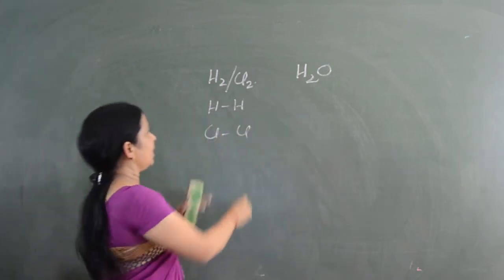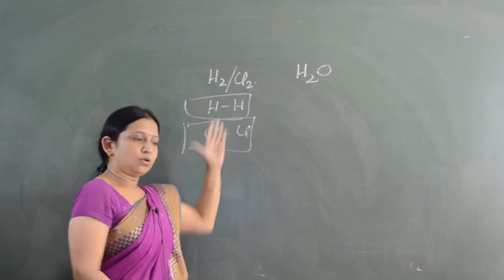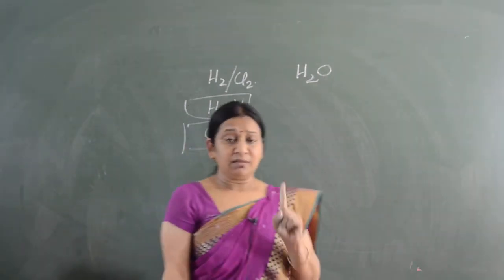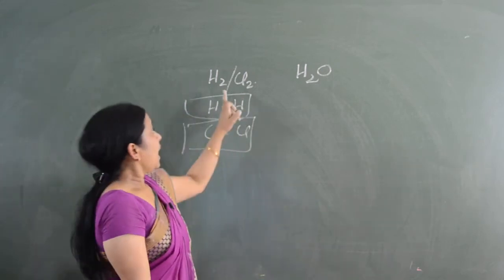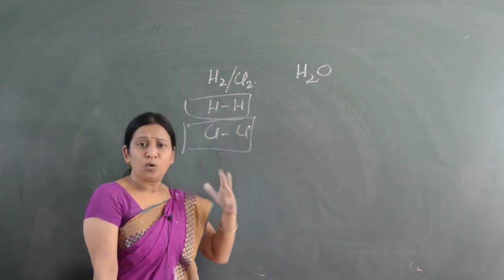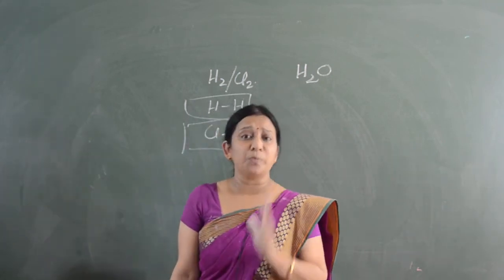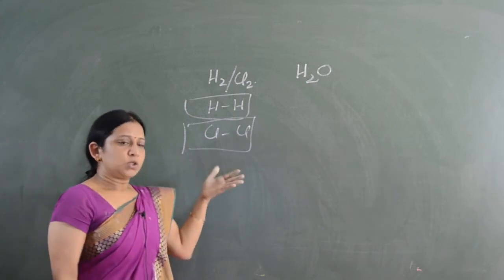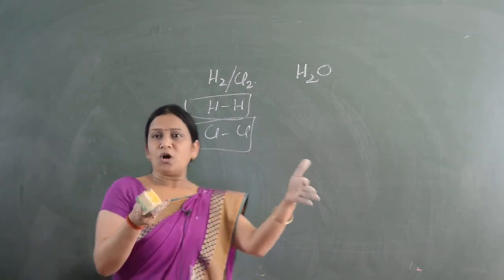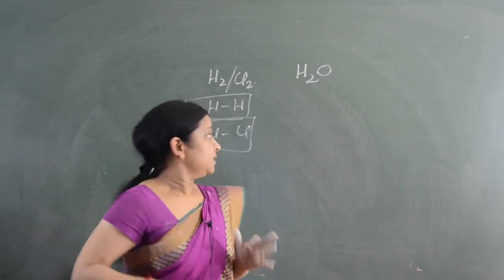But if I place an electric field either to hydrogen or to chlorine molecule, then there will be a change in polarizability. So H2 or Cl2, they are homonuclear molecules. They are not going to give IR spectra, but they are going to give Raman spectra. Why? Because whenever they come under the influence of an electric field, there will be a change in polarizability.